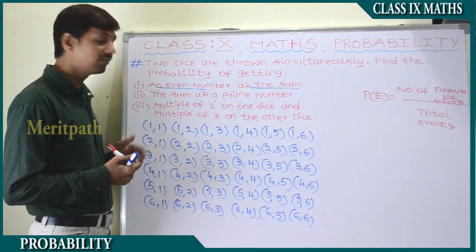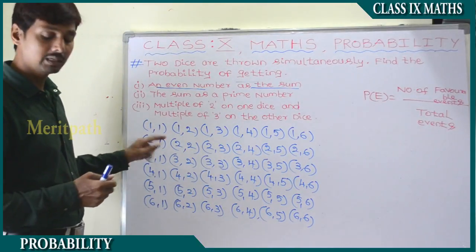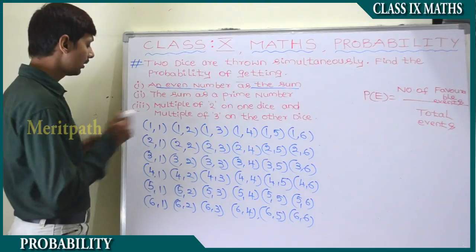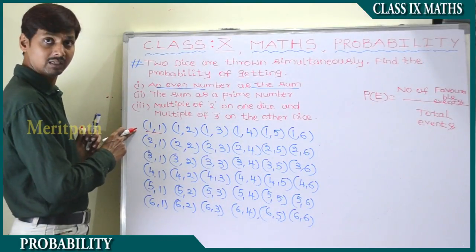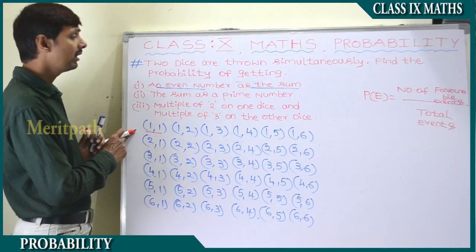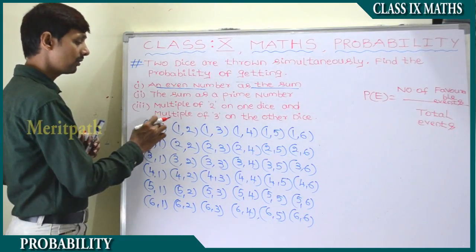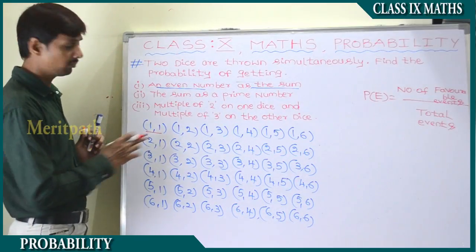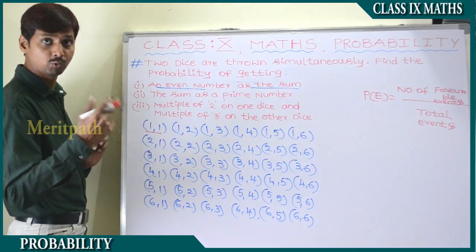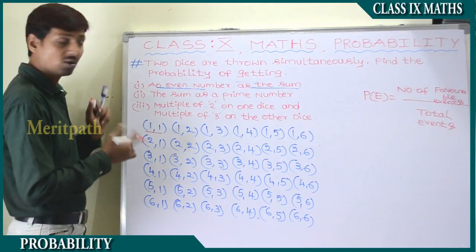So let's take the first event, 1, 1. It's an event where we get an even number as a sum, because 1 plus 1 is 2. Here, 1 comma 2 gives an odd number, since 1 plus 2 is 3, so let's not take this one.